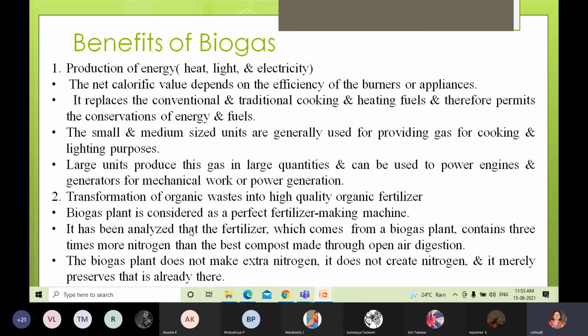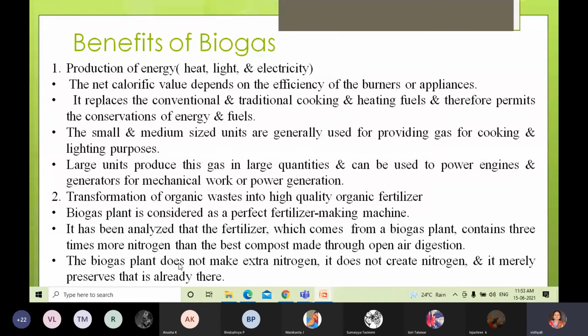It has been analyzed that fertilizer which comes out from a biogas plant contains 3 times more nitrogen than the best compost made through open air digestion.